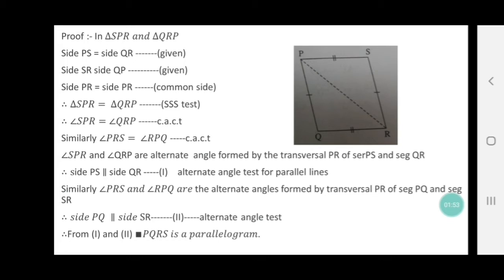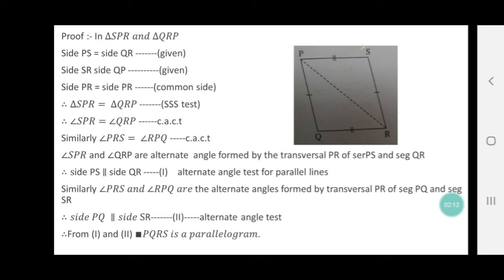This is given to us. Then PR is the common side. So PR is equal to PR. So these two triangles are congruent to each other by which test? By SSS test.